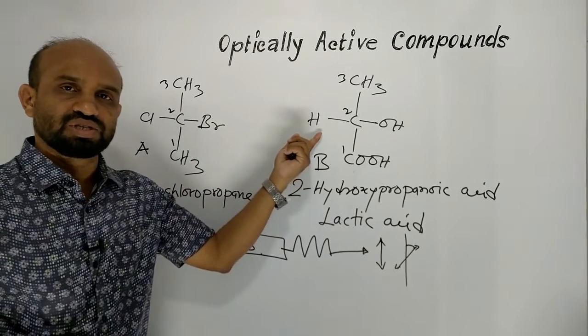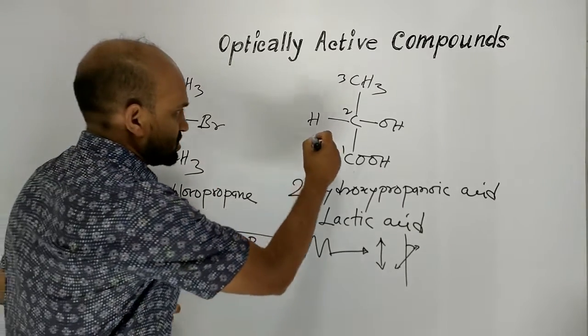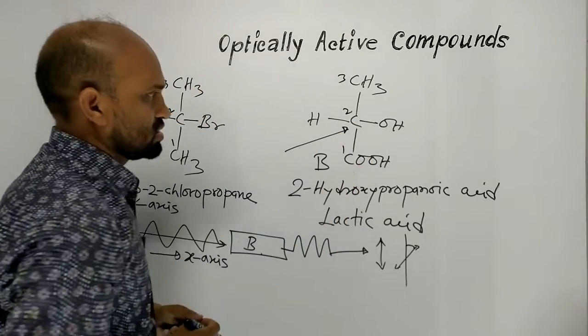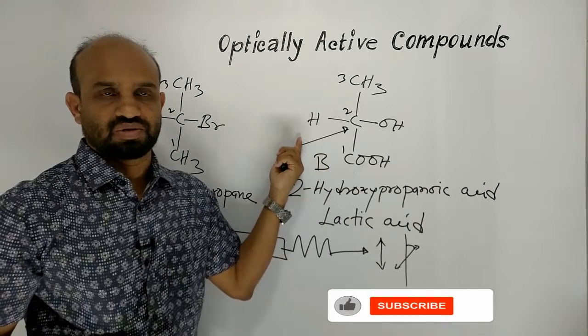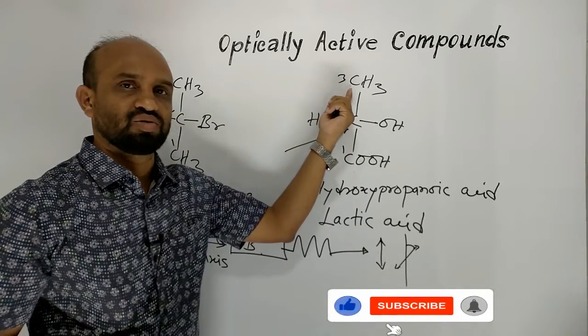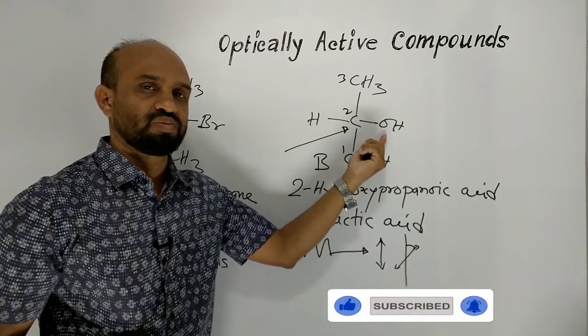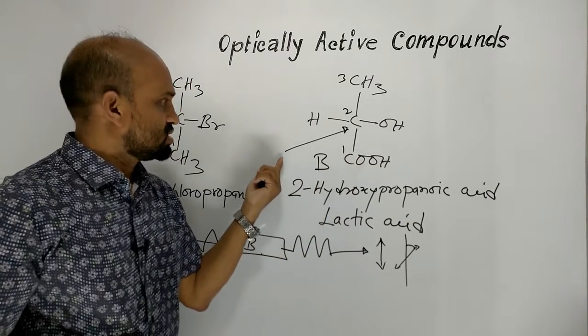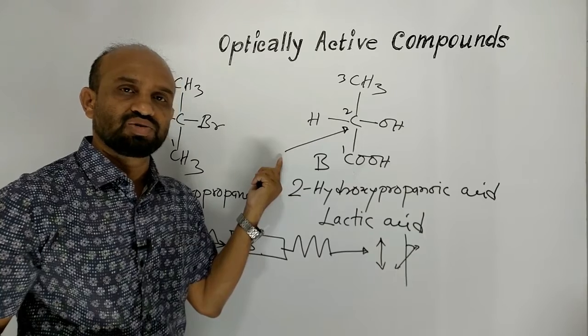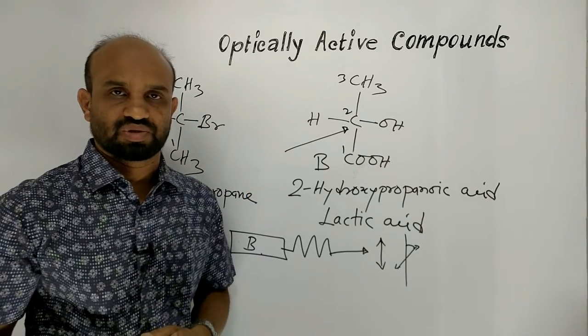In compound B, we see that this carbon is linked with 4 different groups: hydrogen, methyl group, hydroxyl group, and carboxyl group. This carbon is linked with 4 different groups.